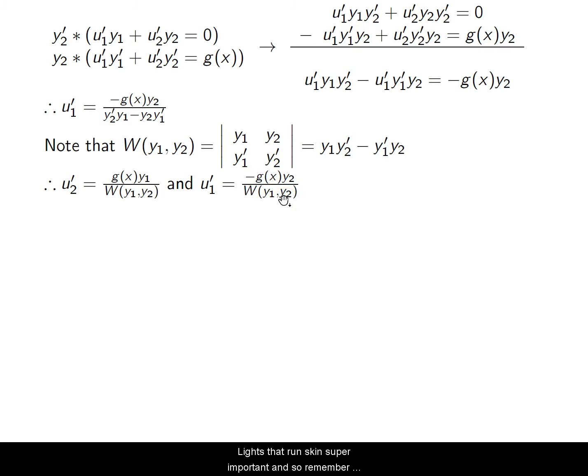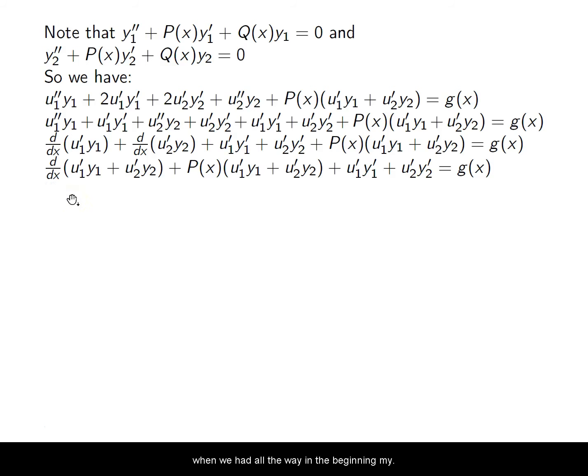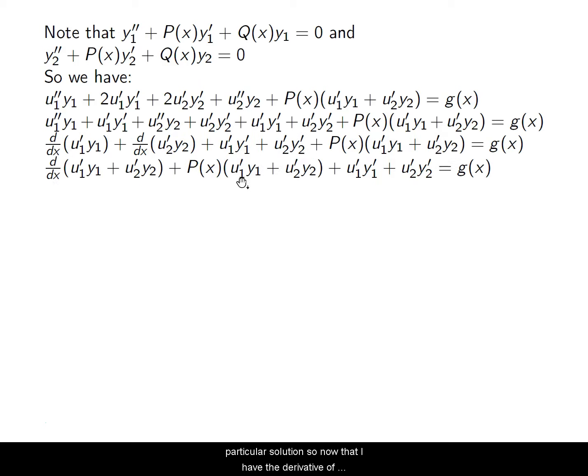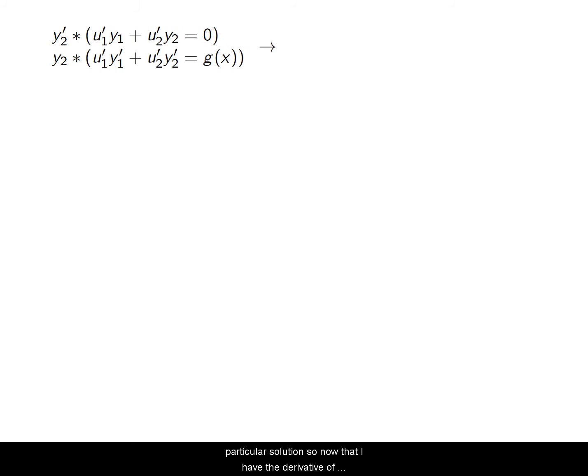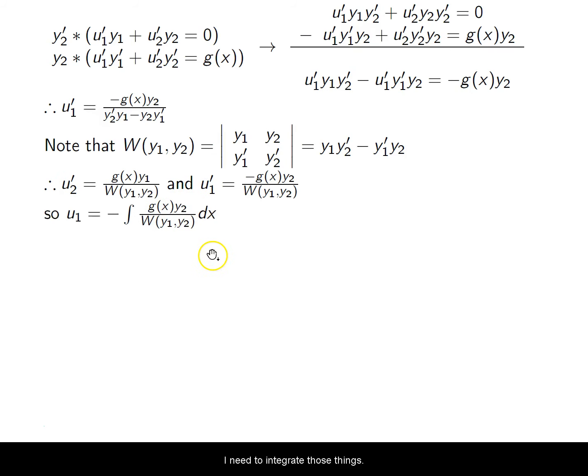Right, so that Wronskian is super important. And so remember what we had all the way in the beginning. My idea for the particular solution is some function times y1 and some function times y2. That's how I form this particular solution. So now that I have the derivatives of u1 and u2, I need to integrate those things, right?